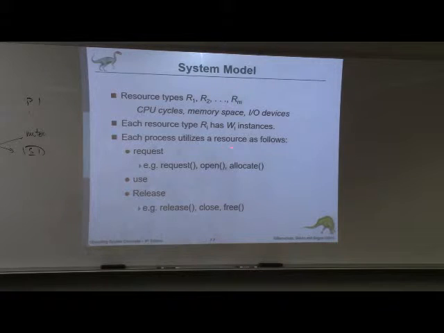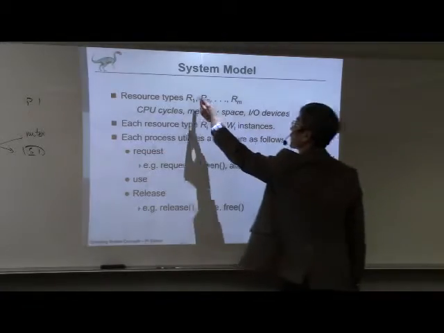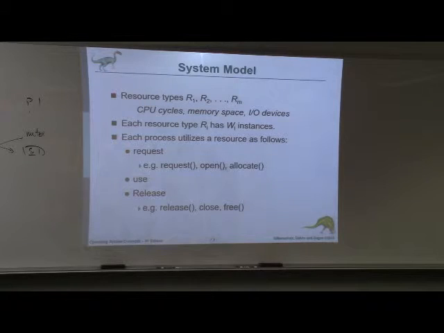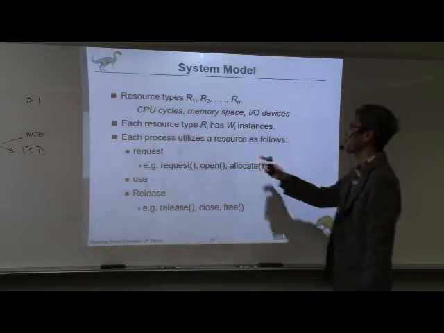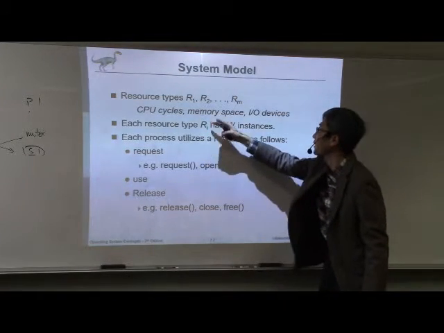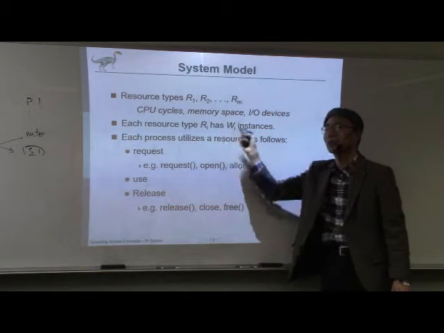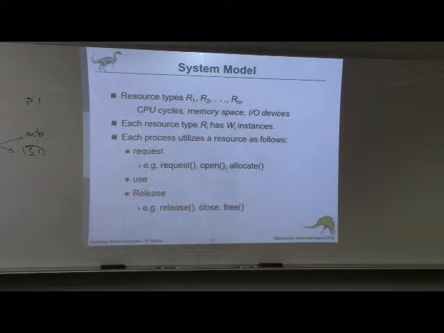Anything can be a resource, including CPU cycles, memory space, I/O devices, and each resource may have multiple instances. For example, the CPUs: if you are using multiple processors, we have multiple instances. In this case, each resource type has a number of instances. So W indicates the number of instances.